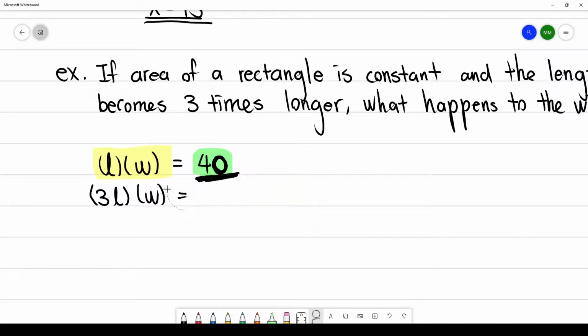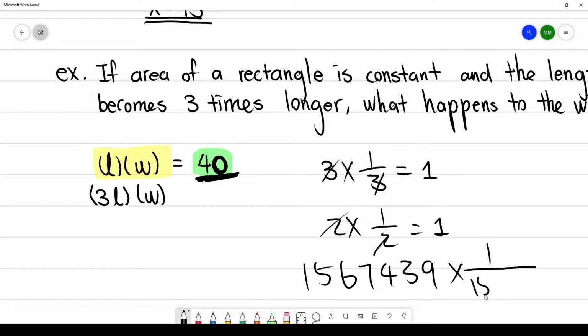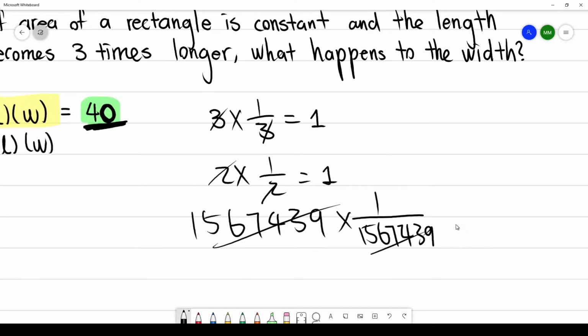So what do we do? Well, you know how when you have 3 times 1 over 3, you can cancel this out and it becomes 1, right? Or 2 times 1 over 2, that's equal to 1. As long as these two numbers are equal, the answer is always 1.